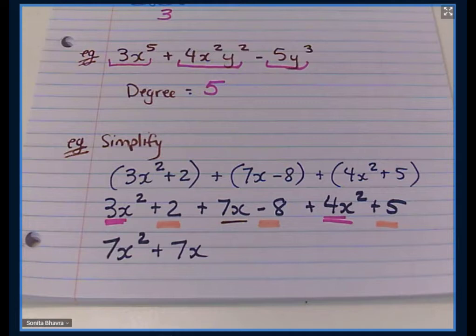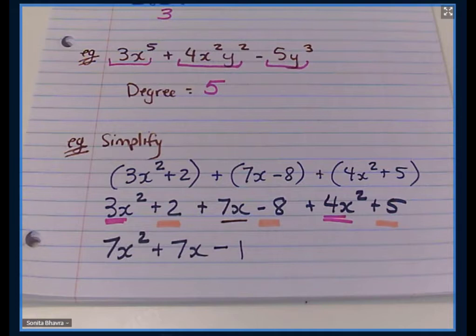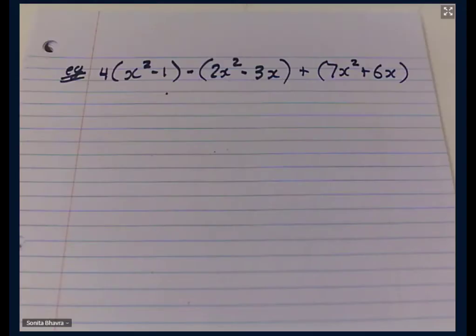Again, use your calculator if you are struggling with integers. And I get a minus 1. All right, so that is now the simplified expression. So 7x squared plus 7x minus 1.